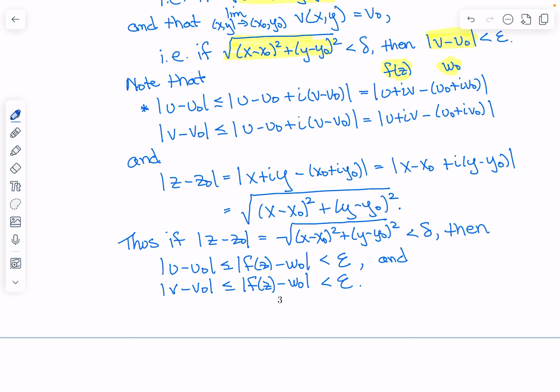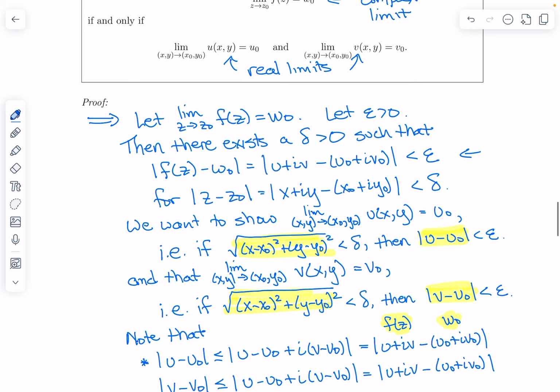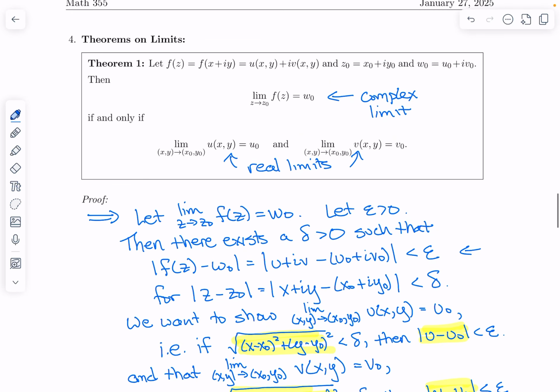So that tells us that the real limits of u going to u0 and v going to v0 both exist, which completes the idea of if this is true, then the two real limits are true. So that's one half of the proof.